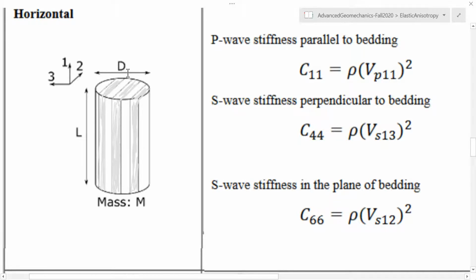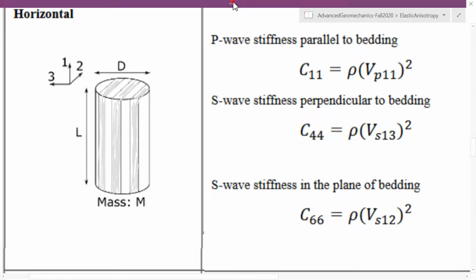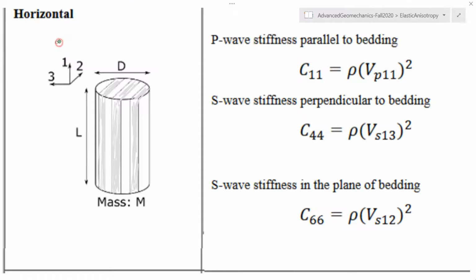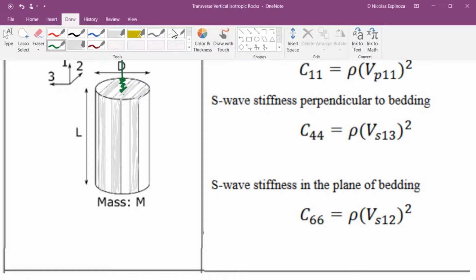And if, for example, we do this for a sample drilled in direction number 1, then the P wave, in this case, if it goes in direction 1 and produces strain uniaxially in direction number 1, is going to be VP11, and this is going to give me the stiffness in direction 1, C11, the normal stiffness. What about the shear waves? Well, it's similar to the case before.